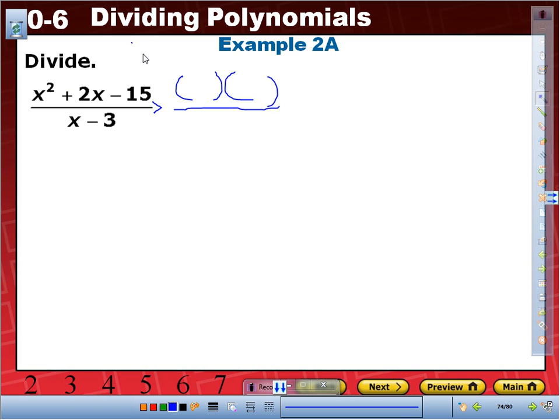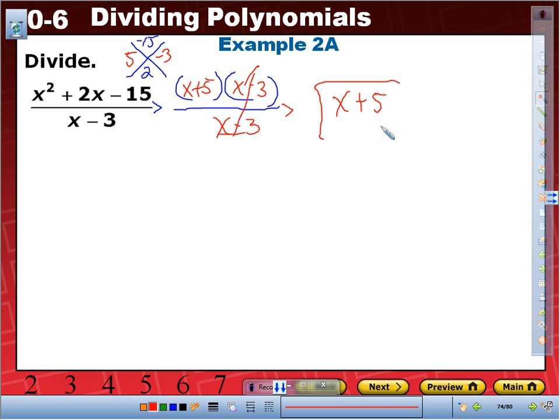Let's see, open two parentheses. Power Ranger, we got negative 15 on top, 2 on the bottom. What factors of 15 add or subtract to give us 2? 5 and negative 3, so this is x plus 5, x minus 3 within the denominator, x minus 3, giant 1, so therefore we're left with x plus 5.